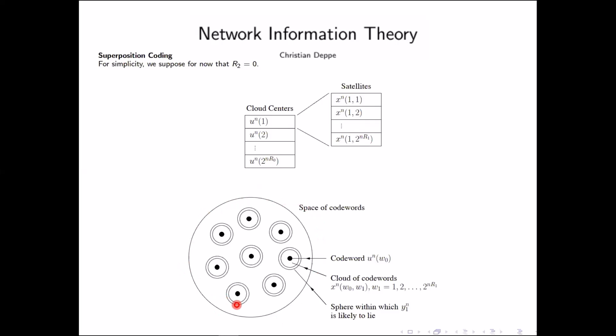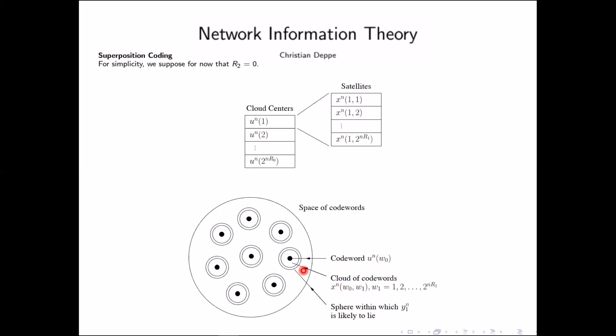How it's done, you see better perhaps in this picture here. Let's assume in this circle are all possible codewords. Now, if we want to send codewords, we first select the center here. That's the cloud center, which depends only on the common message. That's this one here. Then around this codeword there's a cloud, and in this cloud we find the codewords.